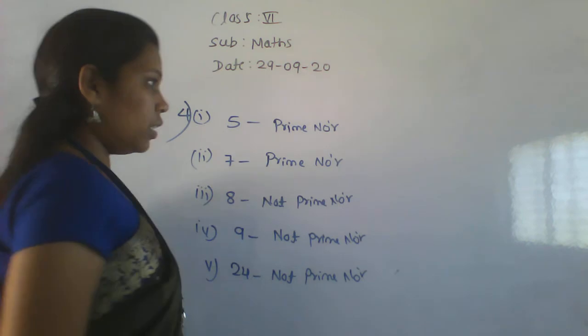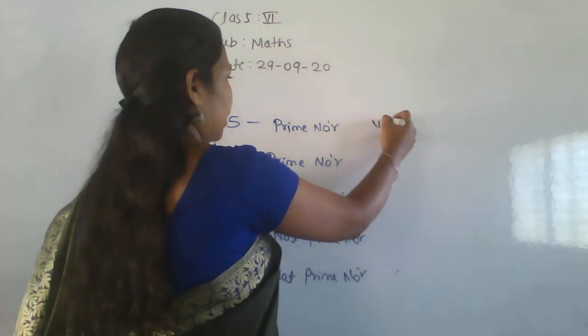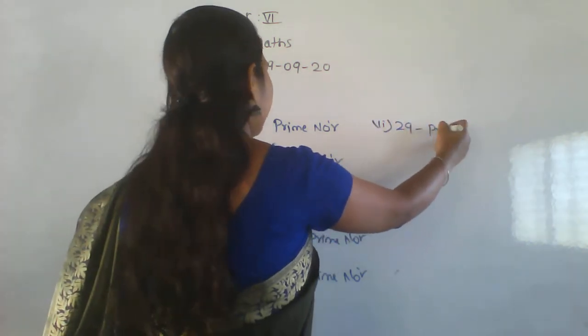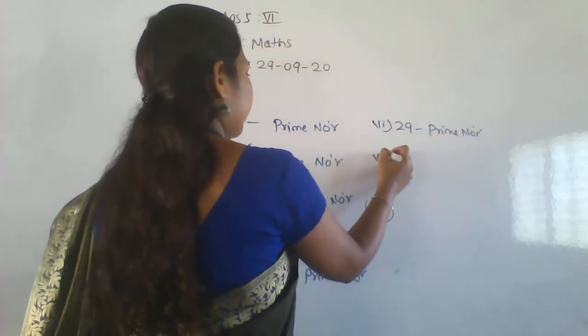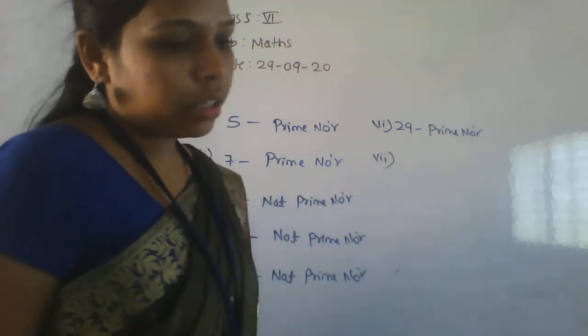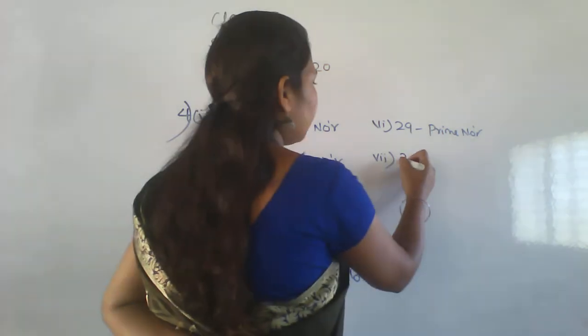29. Check. Yes, it is a prime number. 35. Whether 35 is a prime number?